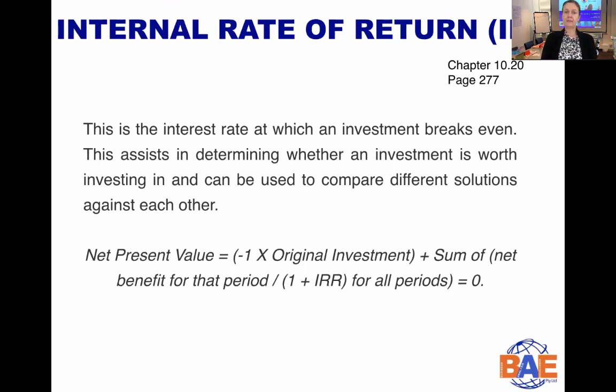So the IRR I have read up about, and I don't think you will be asked to do this calculation within the exam itself. You may be provided with the internal rate of return, and you may be asked to do other calculations, but I don't believe they'll ask you to calculate this particular ratio, the IRR.